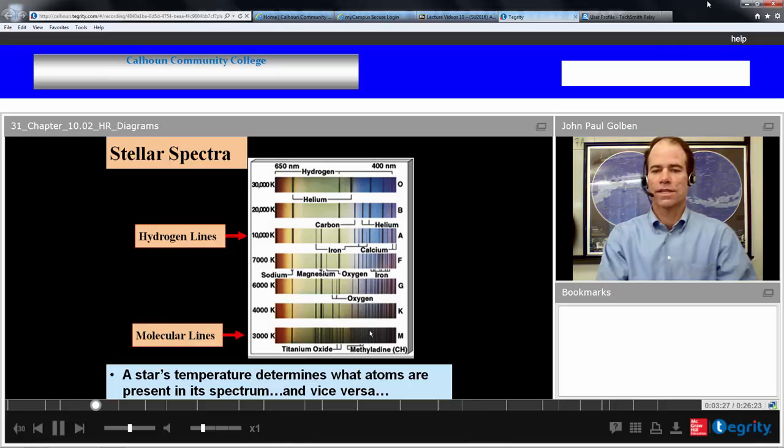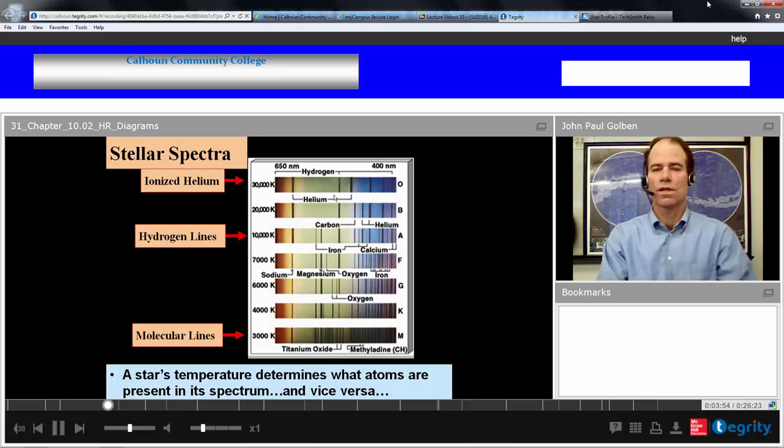As we get to the cooler stars, they might have more atoms, actually making even molecules and being able to absorb more energy in their molecular levels. Hence, their spectra is more complicated. And the cooler ones might even have molecules of, say, titanium oxide in their spectrum.